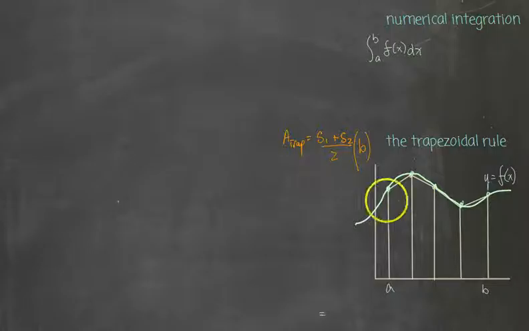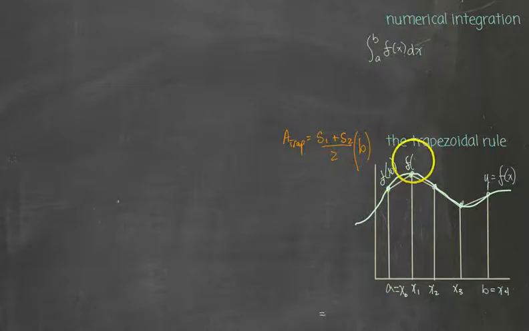Let's look at some notation so we can convert this into values that we can use. If we say that A is our X0 value, then I know that this value would be X1, this would be X2, this could be X3, and B then would be X4. So now I have X values that I could put into this formula. The height of this line would be the F of X0.